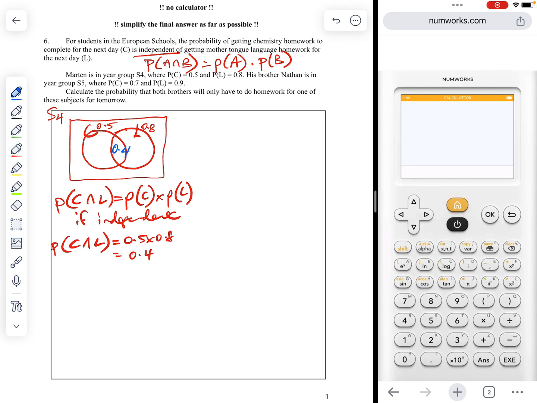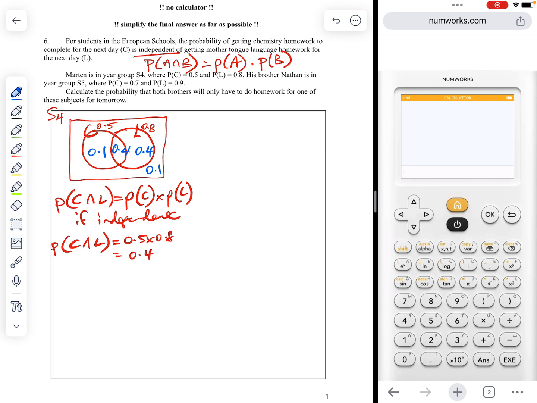Looking on the left, if the whole chemistry circle is 0.5, that would have to be 0.1. If the whole language homework circle was 0.8, we would have 0.4. What's missing is 0.1 to make the probabilities add up to 1.